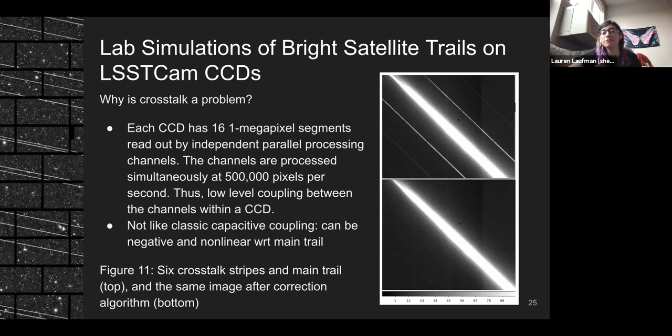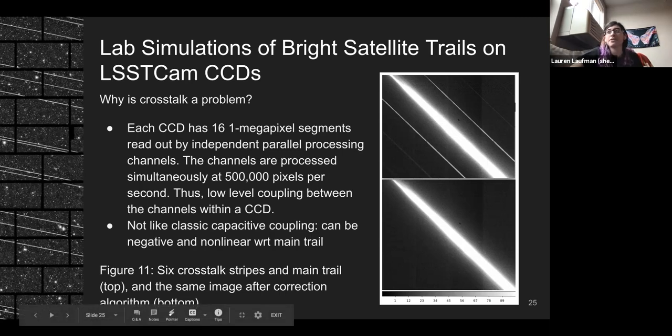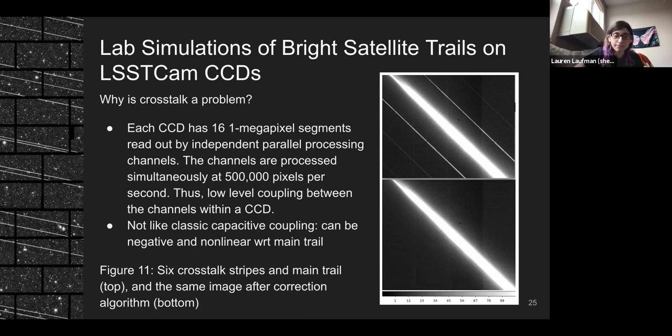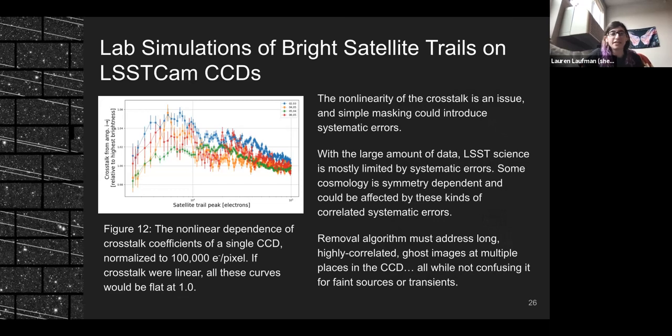And so they can attempt to mask it out and subtract it like you see in the bottom image, but that still causes issues if there's amounts of noise or what's left over. As I said, the nonlinearity of the crosstalk is an issue, and simple masking could introduce systematic errors.